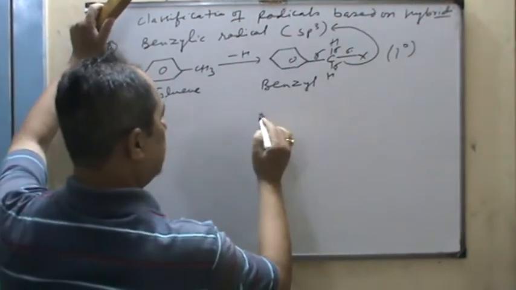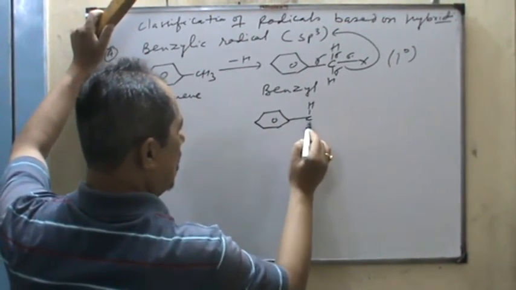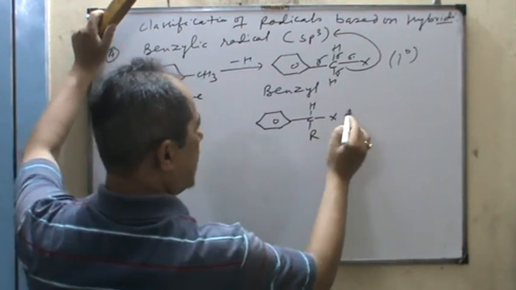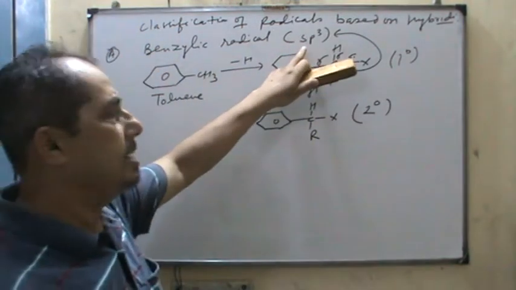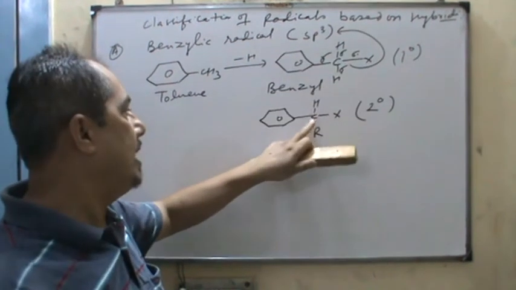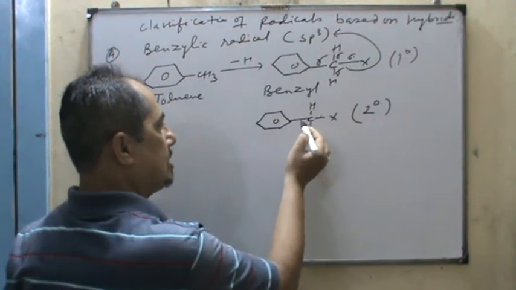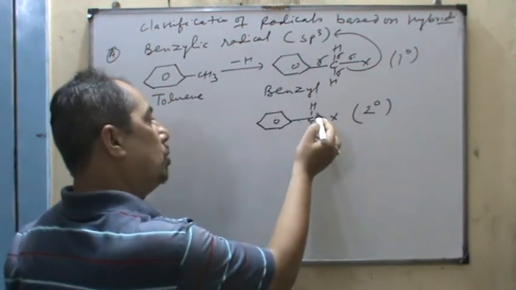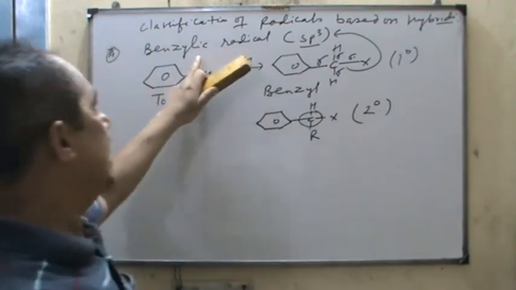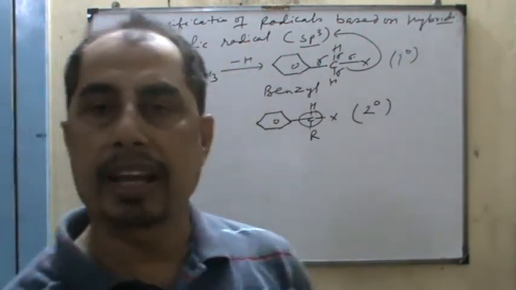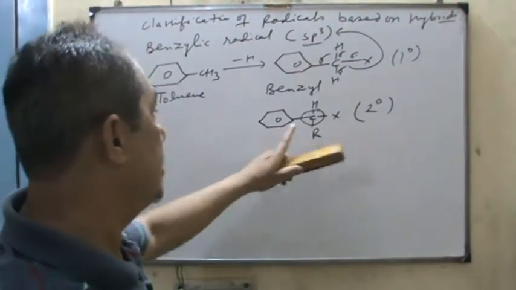I can say here CH and R added, and X. What degree benzylic radical? 2 degree. Again it is sp3 hybridization, but one H is replaced and an alkyl group is added. Further, a single bond is sigma, so 4 sigma around the carbon. So sp3, but it is a 2 degree benzylic radical. Why? Because one H is present on the carbon where there is halogen.